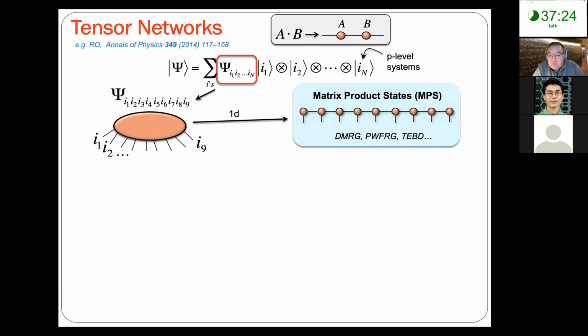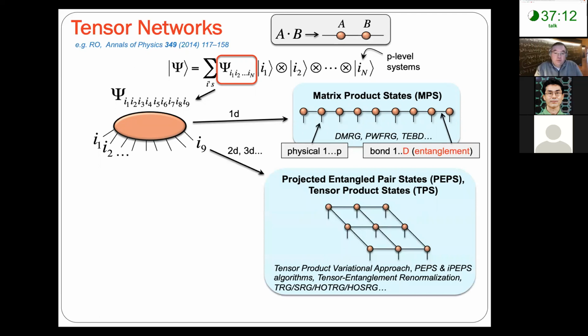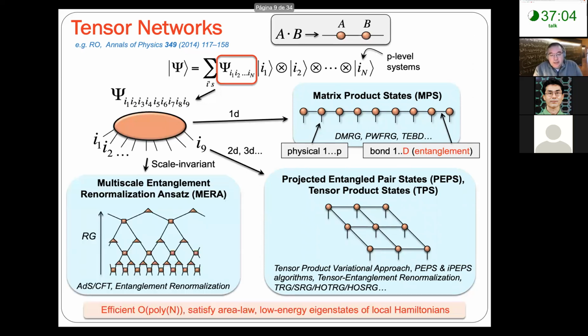The tensor network superstar, as you know, is the matrix product state, behind so many different approaches to simulate one-dimensional systems or even two-dimensional systems, as we were seeing in the previous talk. There are physical and bond dimensions. The bond dimensions are the ones responsible for carrying the entanglement in the network. We can generalize this to higher dimensional systems, to PEPs or tensor product states, and also to scale invariant systems via the MERA, the multi-scale entanglement renormalization ansatz, and much more, as you know.